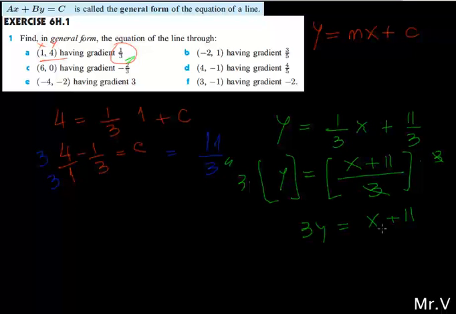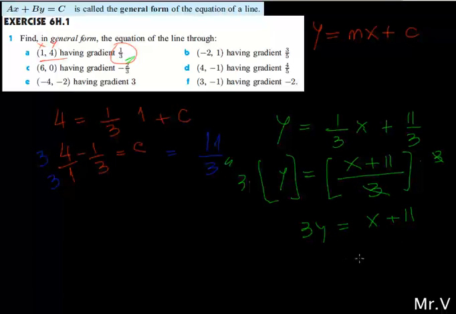I just prefer to always have my x positive. Some of you will like to move x to the left side, and you will have a problem of sign. But as a recommendation, if the x is positive, leave it where it is, and just move the y to the other side.